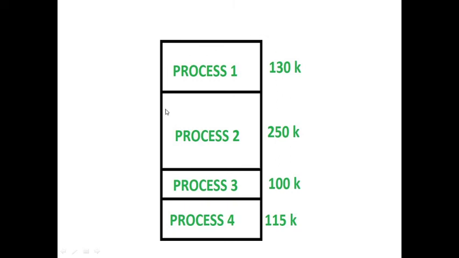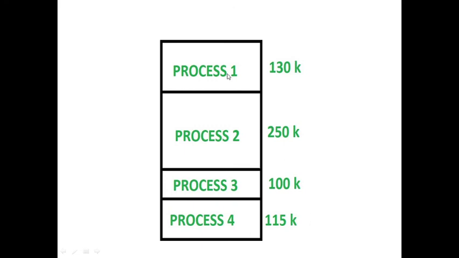If I am having only three processes and process 4 is not there, the remaining space is not used, because I don't have another process. So it is left free.